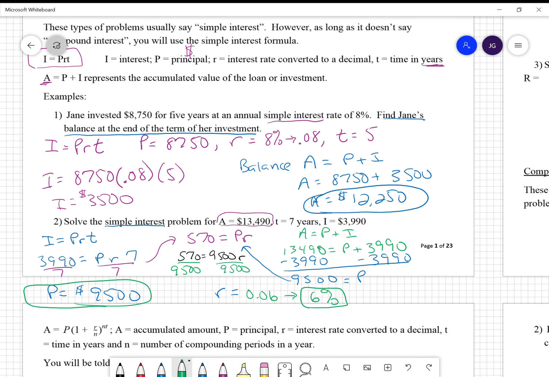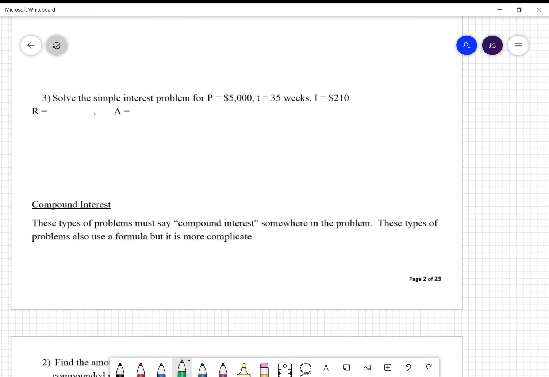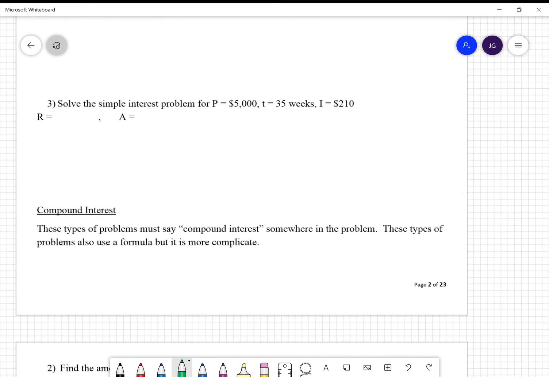Okay, next example. Solve the simple interest problem for P equals 5,000, T equals 35 weeks, I equals 210. I want to find R and A. Simple interest, I equals PRT. I is 210. P is 5,000.